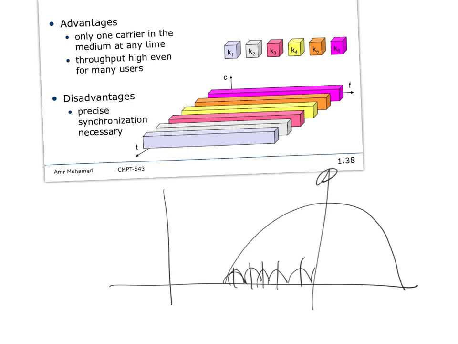But in TDM, we don't have this phenomenon. It's one carrier frequency for the whole medium, because I don't divide in frequency, I divide in time, right? So it's one carrier frequency, and we access the whole spectrum for a short period of time.